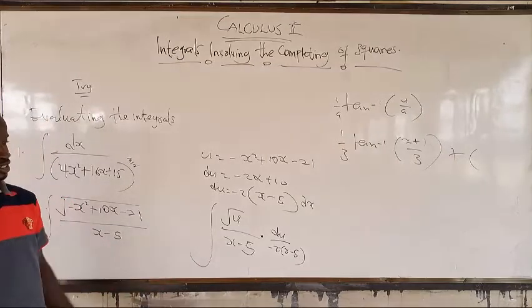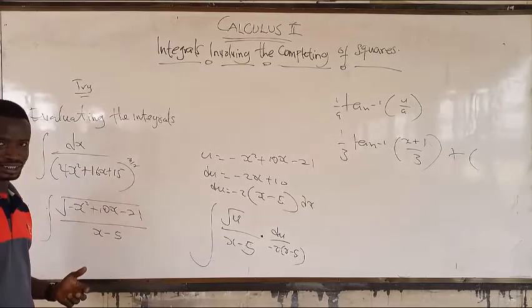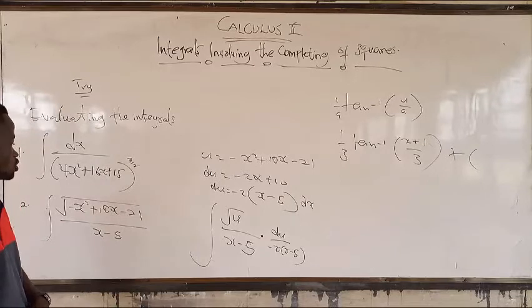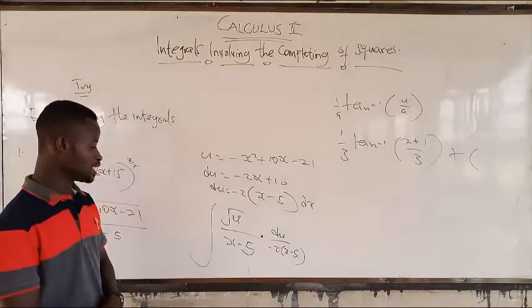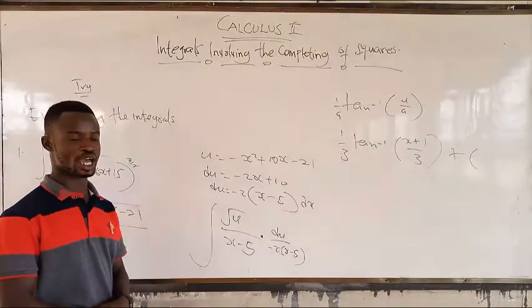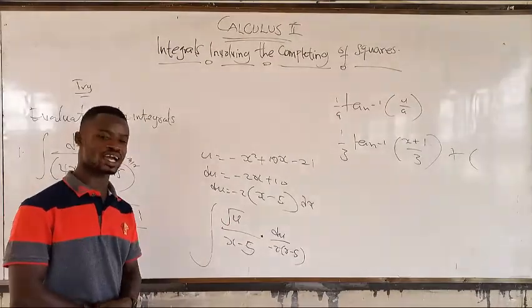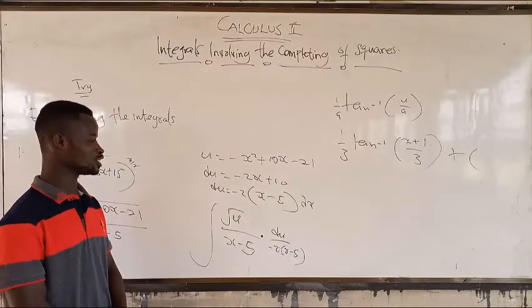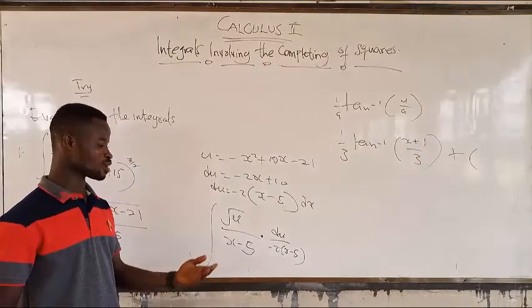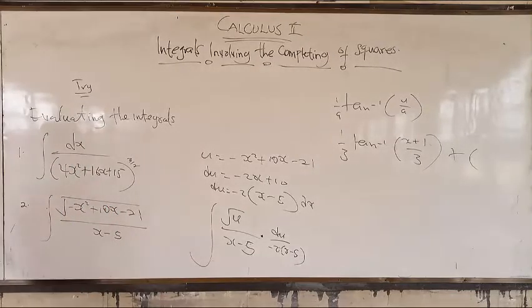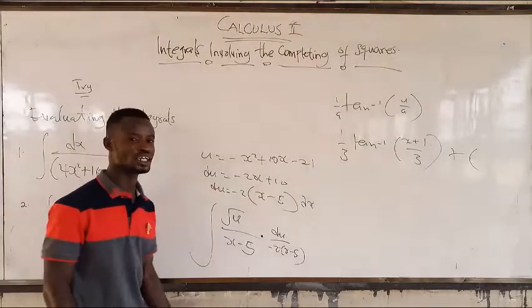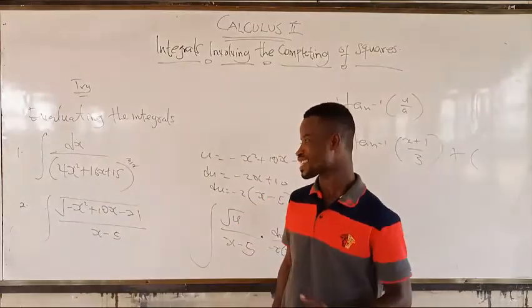And you can see that with this, you can't do anything about it. So somebody may be thinking of doing it in this way. Please, such is not going to help you. You are going to have a problem on your way. So this method is not going to help.